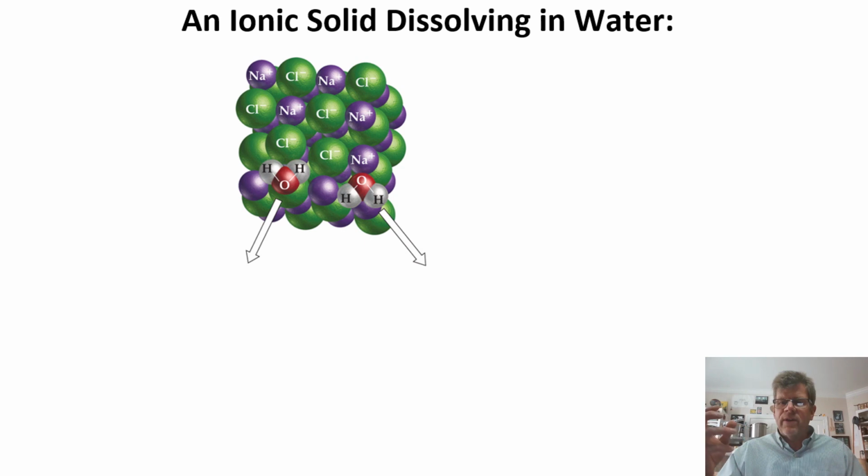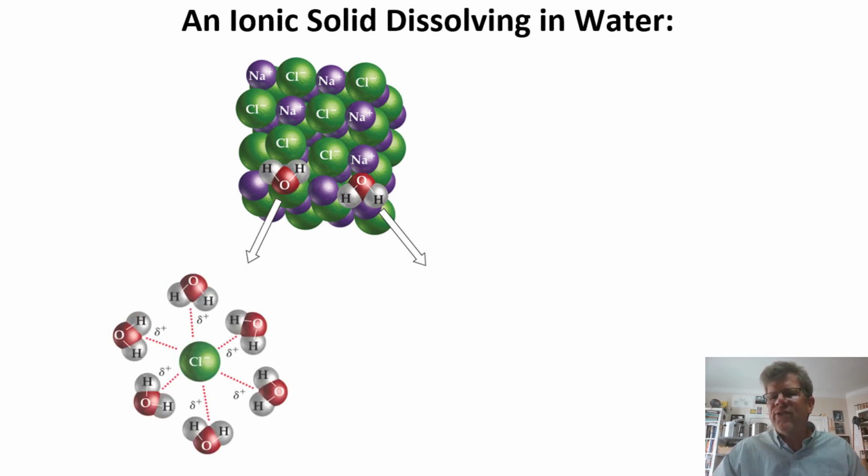Normally, these slightly dislodged ions would immediately go back into the crystal and remain there. However, once we dislodge an ion, it becomes encased in a sheath of water molecules. This is a cut through here, but it's really a spherical sheath.